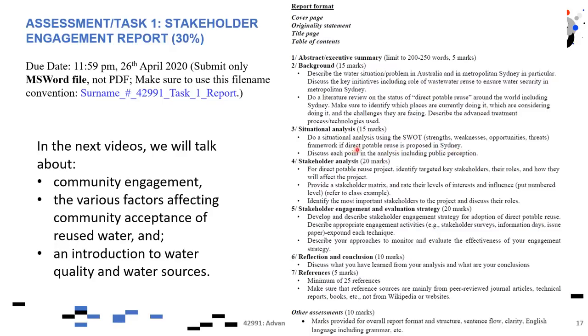The keyword is direct potable, so this is for drinking purposes. As of this point in Australia, we don't have a direct potable reuse treatment plant. These are all indirect. So what if we are going to suggest a direct potable reuse plant? This is the situation, and you need to base your stakeholder analysis on it.